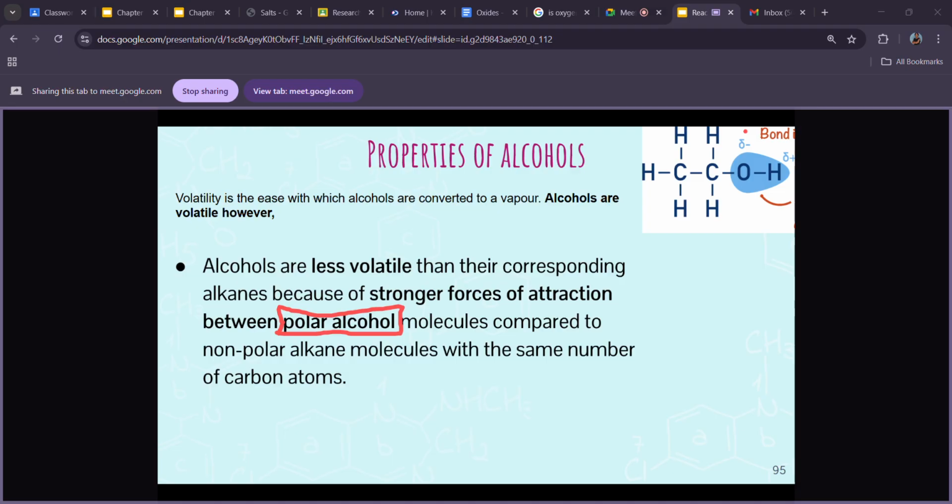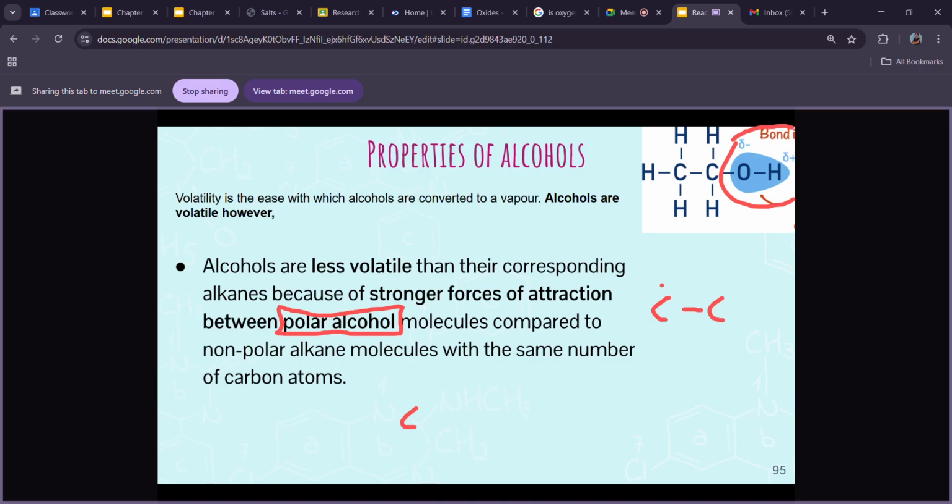So let me just say this again. Alcohols are less volatile than alkanes, which means that if you were to put just a drop of alkane on a table, it's going to evaporate even more quickly than alcohols. The reason for this is because alcohols have a polar group, the hydroxyl group, which makes the alcohol very polar and gives it a very strong force of attraction, making it less easy to evaporate compared to alkanes, which don't have a hydroxyl group.